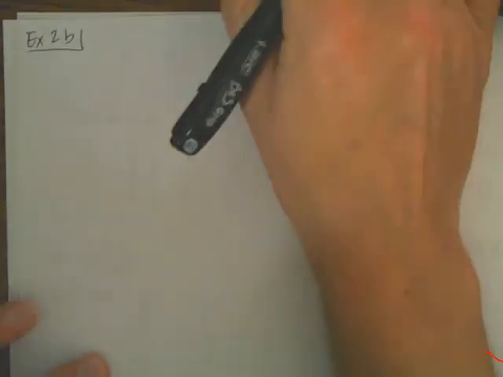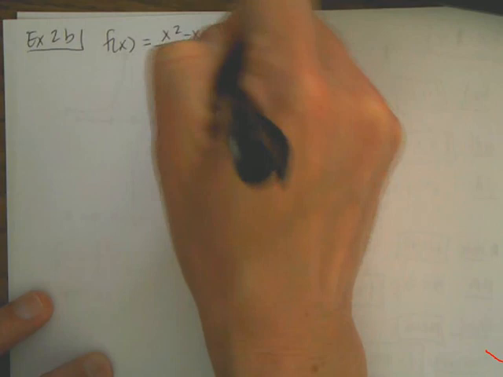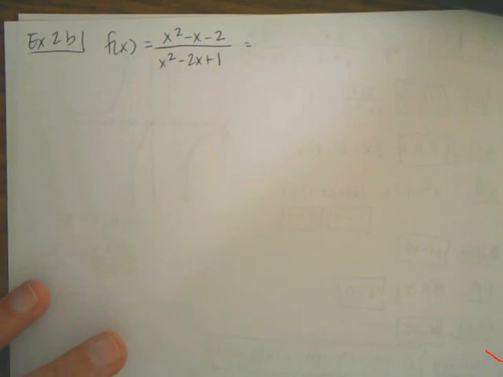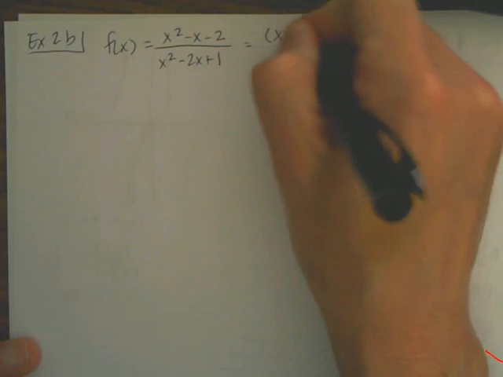Okay. We've got f of x equals x squared minus x minus 2 over x squared minus 2x plus 1. I am going to go ahead and just write out the factored form so that I can use it to help me later. The top would factor to x minus 2, x plus 1.